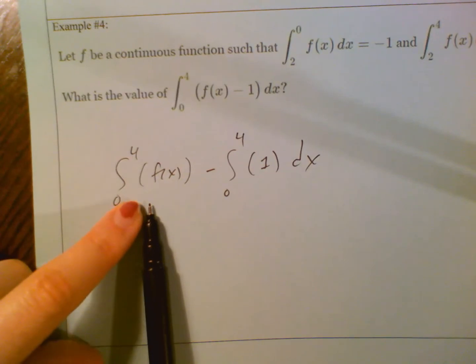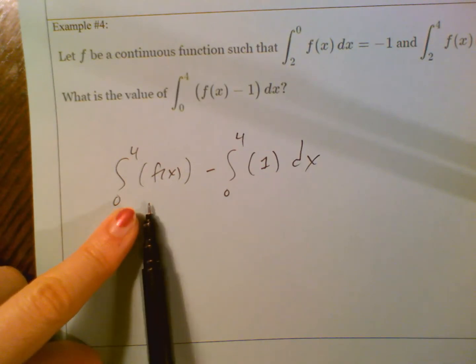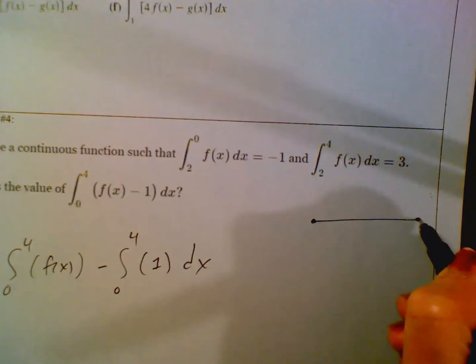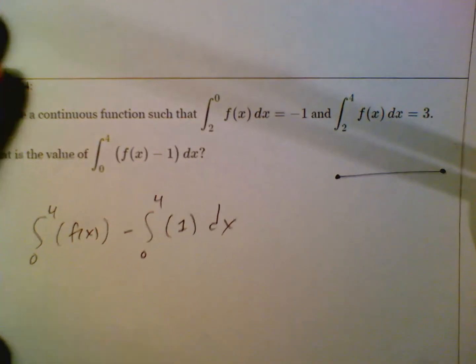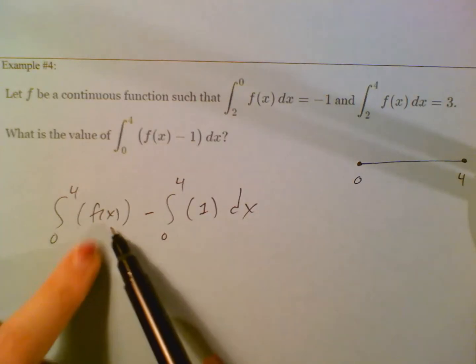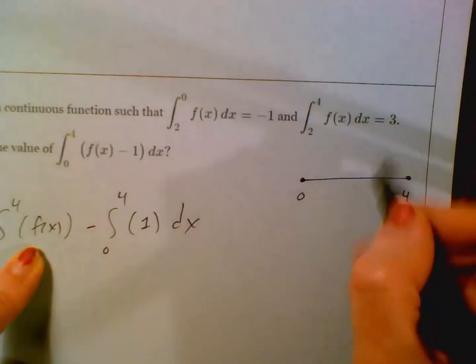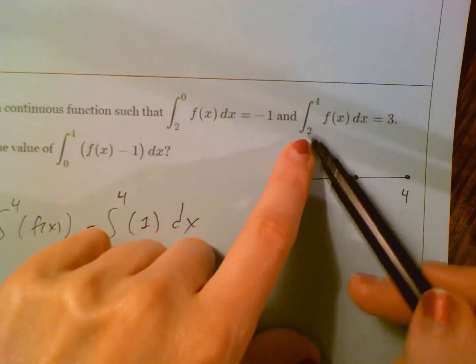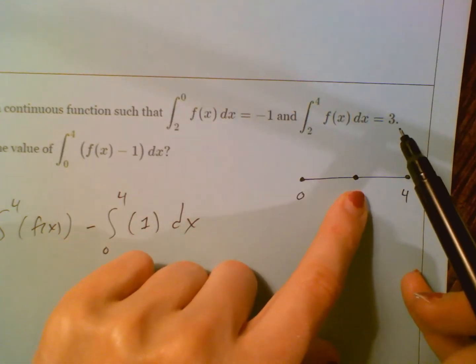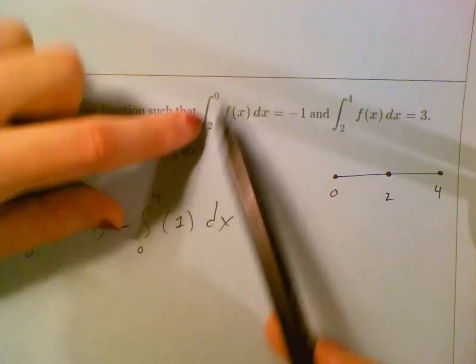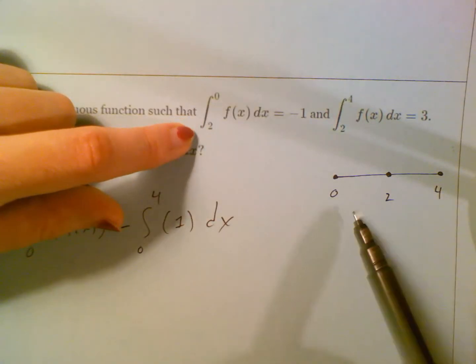But for this one, you could think it through like this. So 0 to 4, we want the area under the curve from 0 to 4. We know the area under the curve from 2 to 4 is 3. All right. And we know the area under the curve from 0 to 2 is -1.